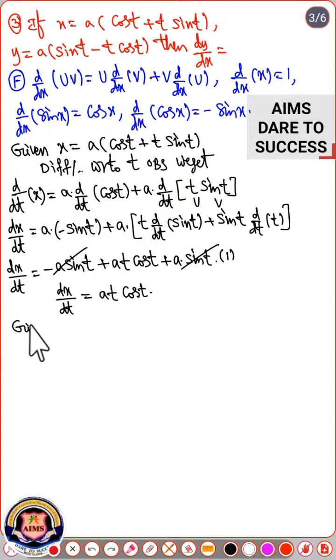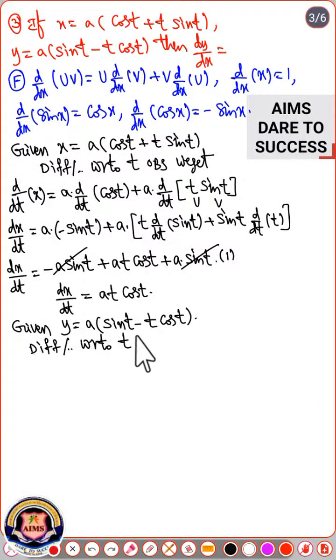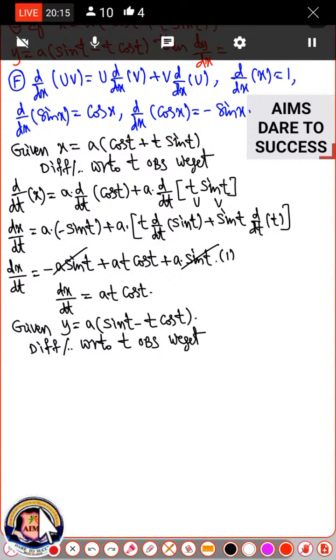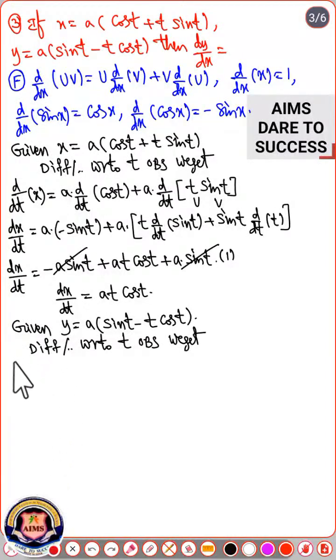Like that, my dears, one more given value, given y is equal to a into sin t minus t cos t. Here also the right side values are in the form of t related values, so differentiating with respect to t on both sides, we get d by dt of y equal to a multiply inside and apply individually.